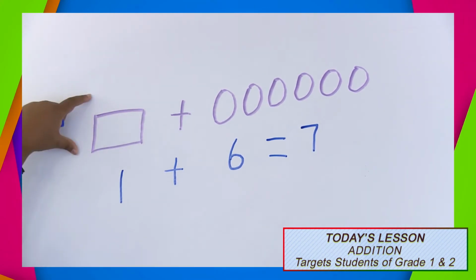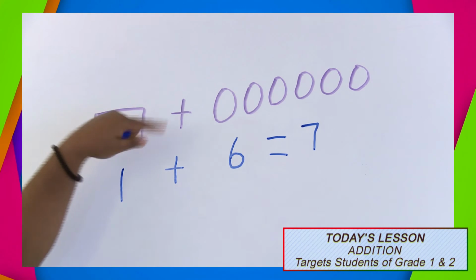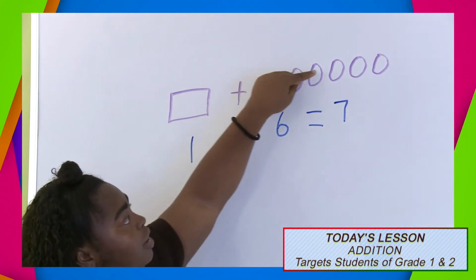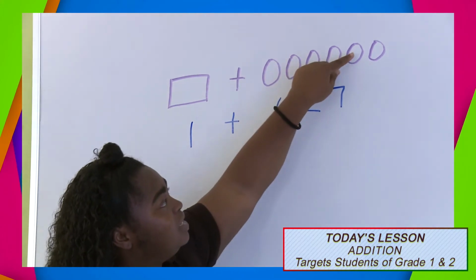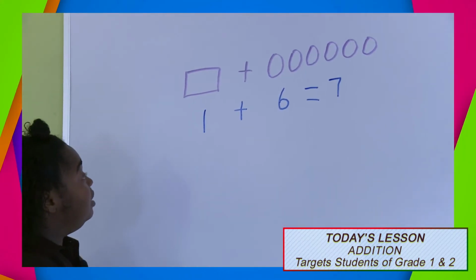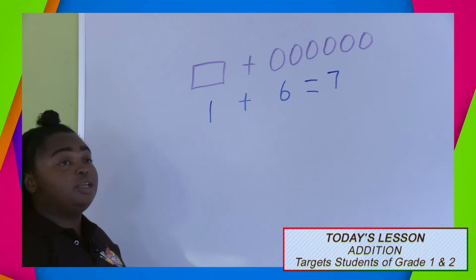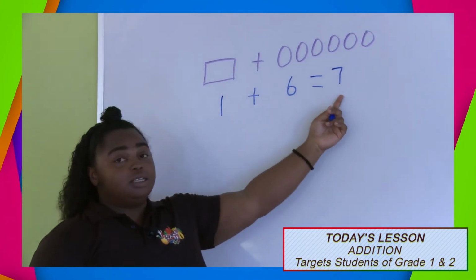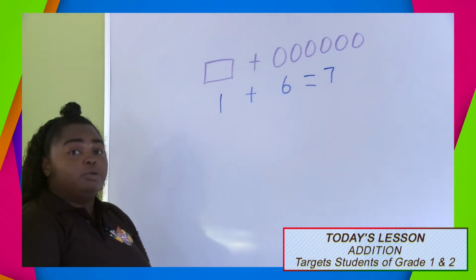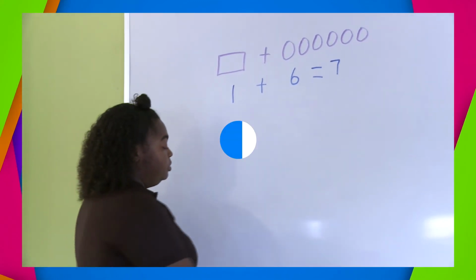We know we have 1 here and we're counting onwards. So 1, 2, 3, 4, 5, 6, 7. Now, if you did not have the same answer, I would like you to change your answer to 7, and now that you understand what we need to do, you will practice some on your own.